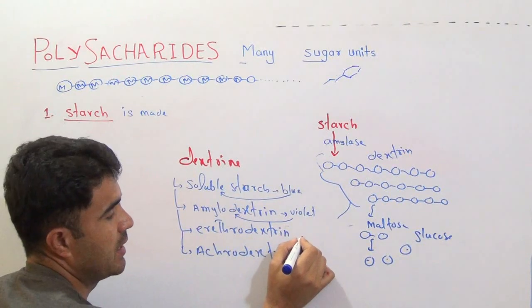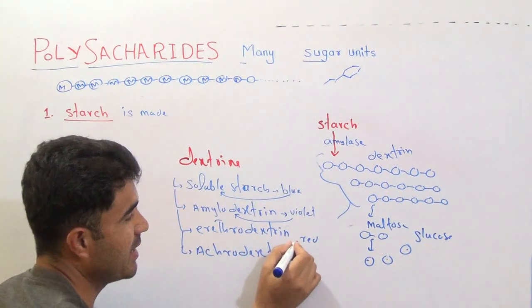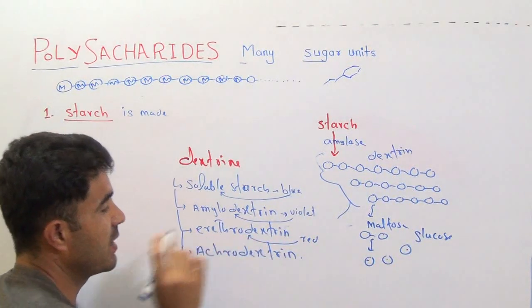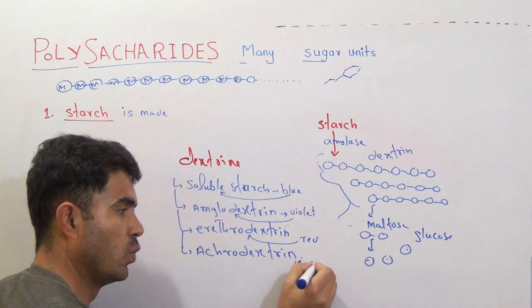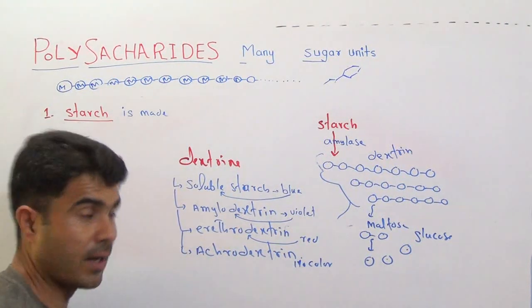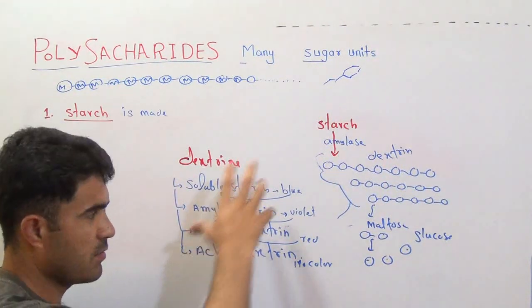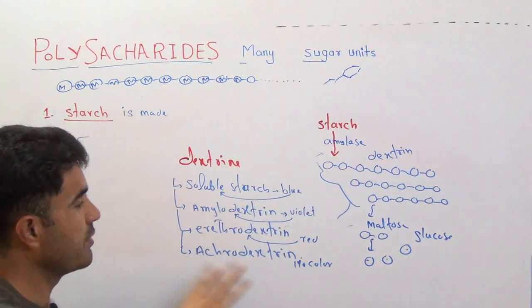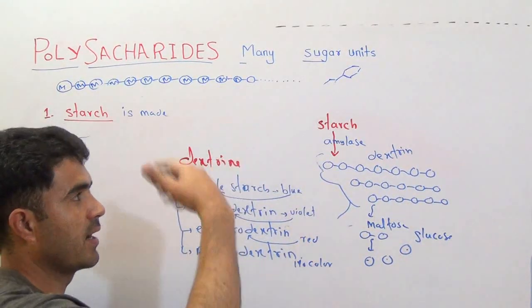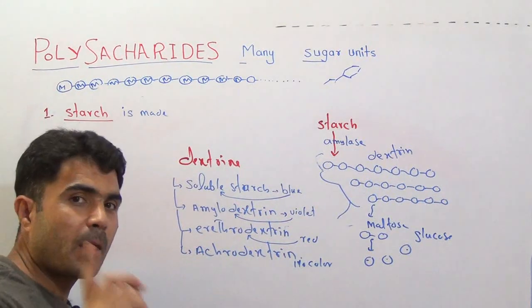And if the color is red, maybe sometimes you get red color with it, it will not be glycogen, and then it will be called erythrodextrin. And if there is no color at all with dextrin, then it will be called achroodextrin. So dear students, there are just 4 names, and don't worry about them. Actually, these are dextrin, and dextrin is a hydrolytic product of the starch.